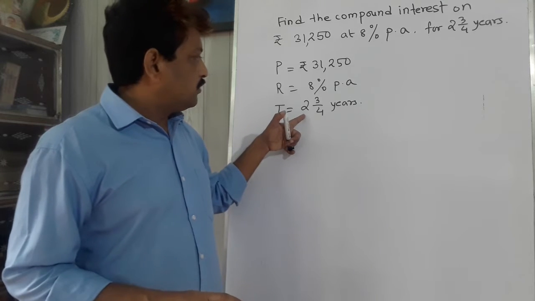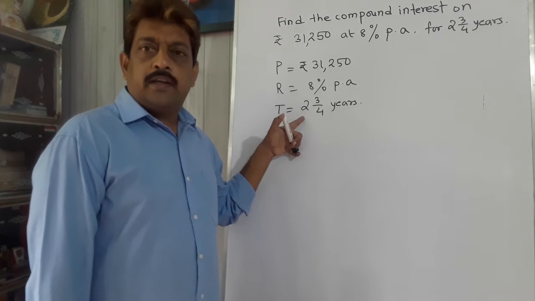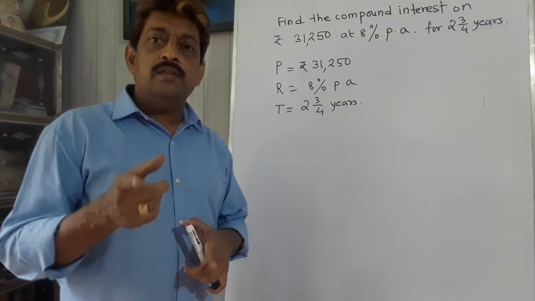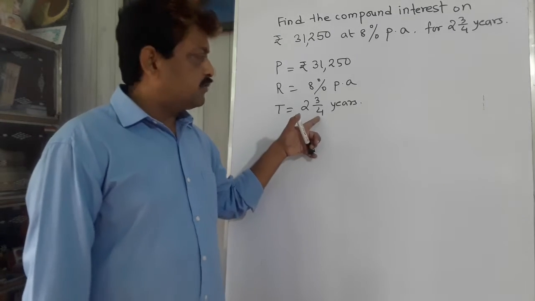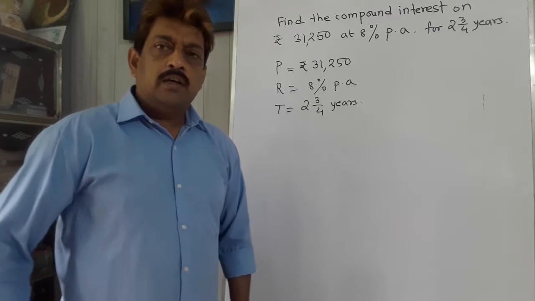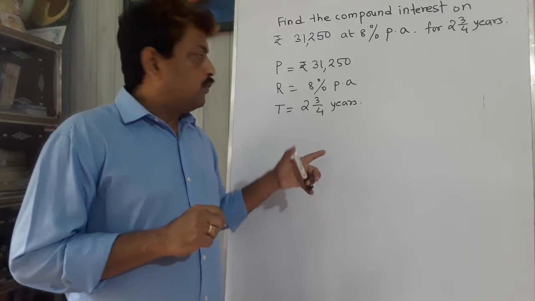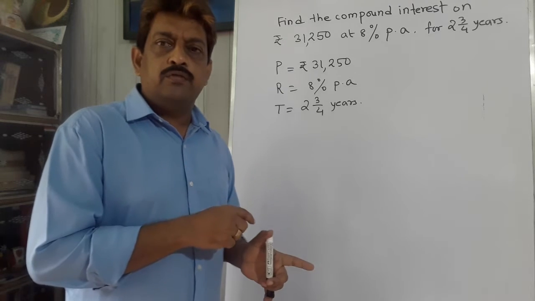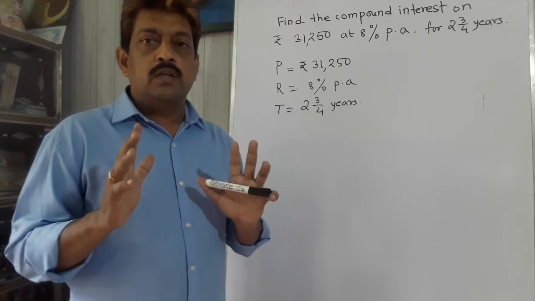That is, here it is 2 years and 3/4 years. So first we will take time equals 2 years. We will calculate the amount and this amount will become the principal for the next 3 by 4 years. There we have to calculate the interest on that new principal, with the time as 3 by 4 years, and that interest will be added to the new principal to find the total amount.